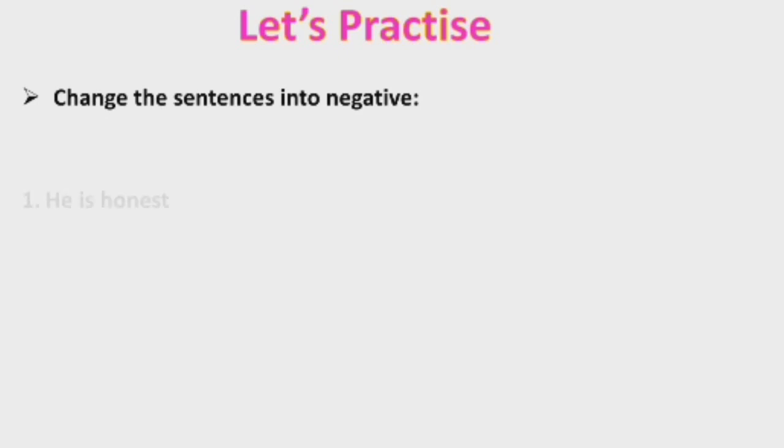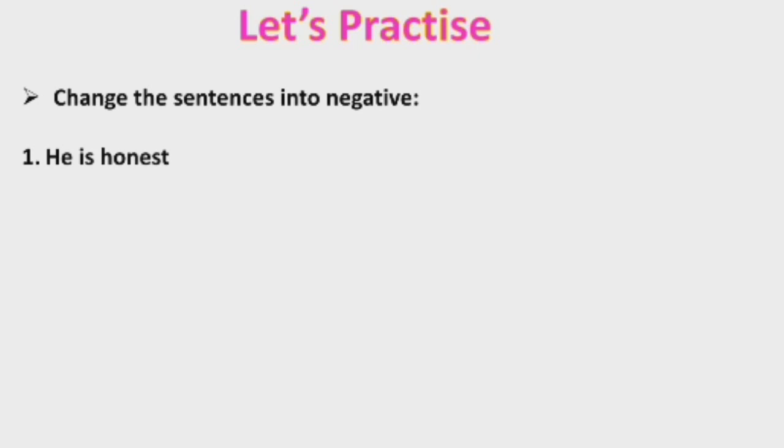Okay, children. Now let's change the sentences into negative. Sentence number 1. He is honest. Now, as per the rule, we know that we have to add any one negative word and then the opposite word of the adjective, adverb or verb. Here we are given the adjective honest, so we will convert it into the opposite word. Honest becomes dishonest.